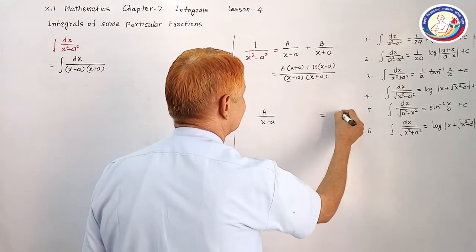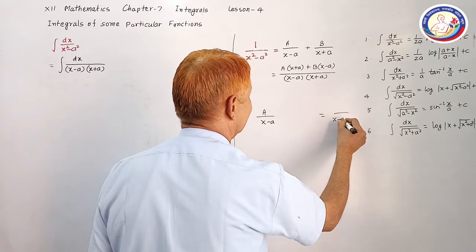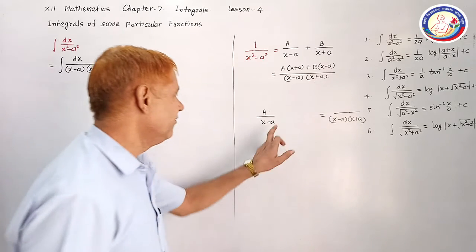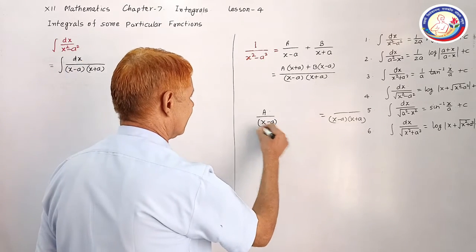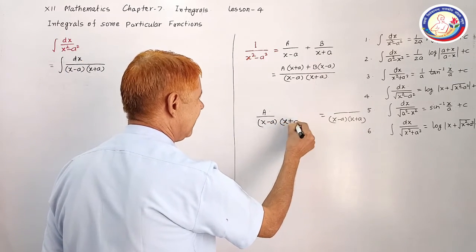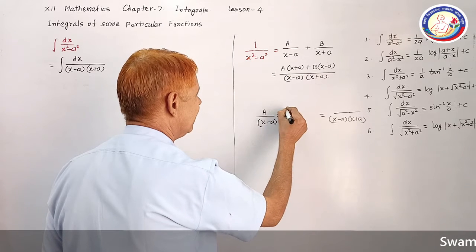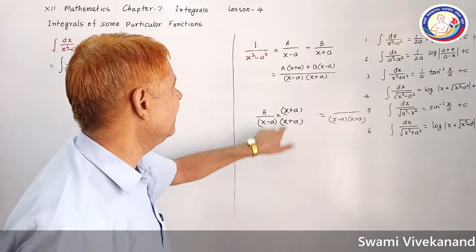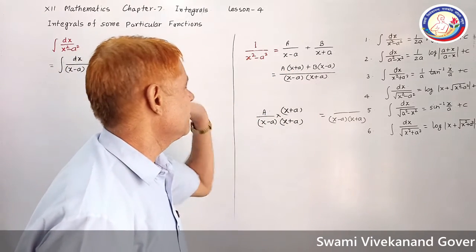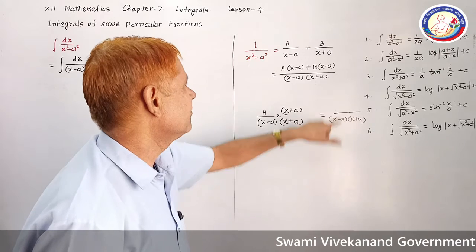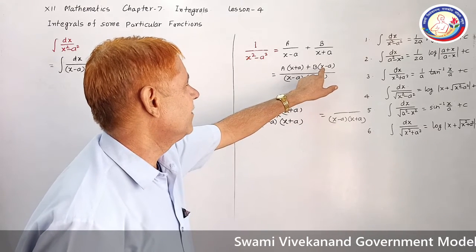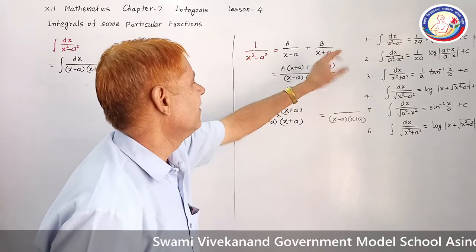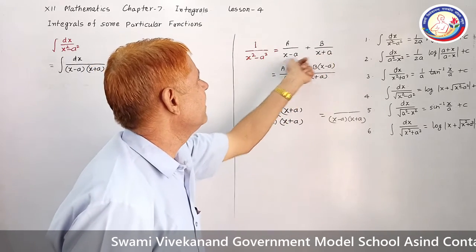We require x minus a into x plus a in the denominator without changing the value. If we want to introduce x plus a here, then we must multiply the numerator also by x plus a. That is why we are having here A into x plus a. So this is the reason. Here we will have to multiply B by x minus a to equate the denominators.